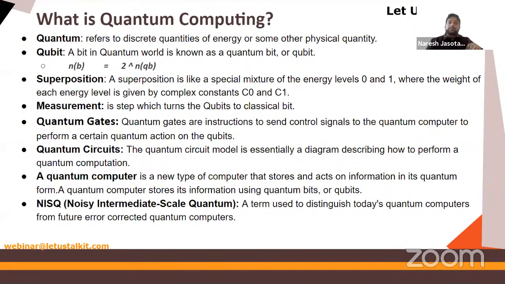NISQ. This is a very new term. NISQ full form is Noisy Intermediate Scale Quantum. That means the scientists of today's world are really intelligent, smarter than the previous, obviously because you have that learning coming in. They define this embryonic stage of quantum computers we are in today as NISQ, a NISQ era.